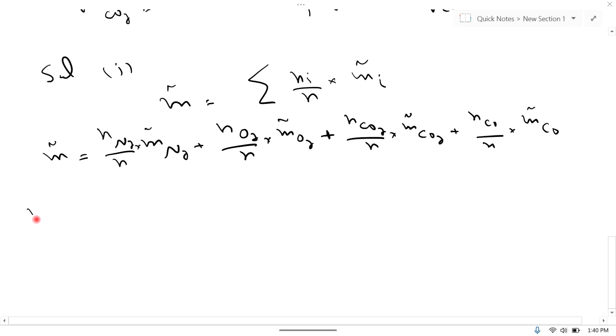Now putting values to find molar mass. Mole fraction of nitrogen is 0.25, already explained in the given data.